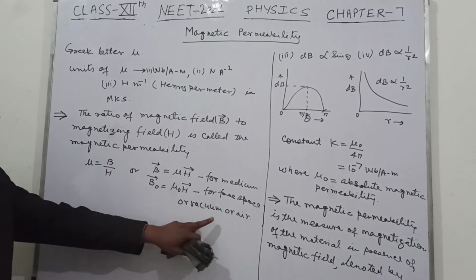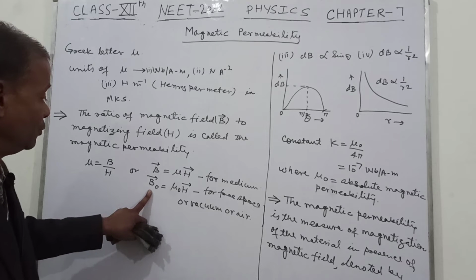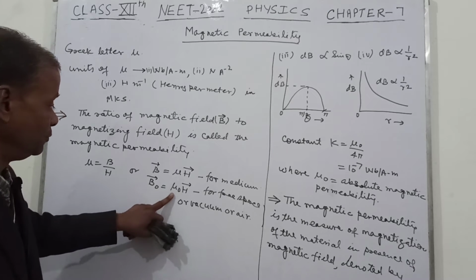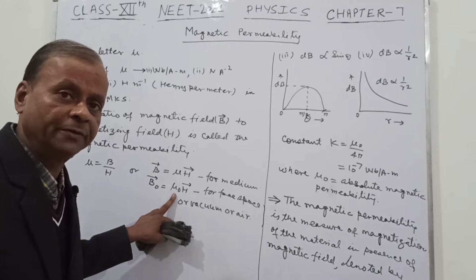So if we write down for free space or for vacuum or for air, then we have B naught equal to mu naught into H. So mu naught is also called the constant of proportionality between B and H.